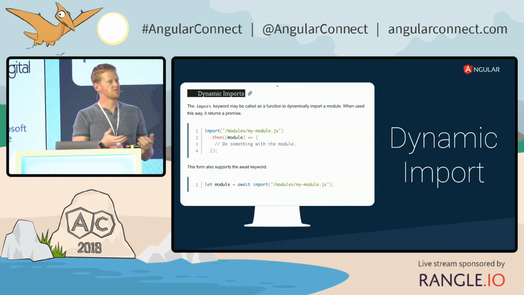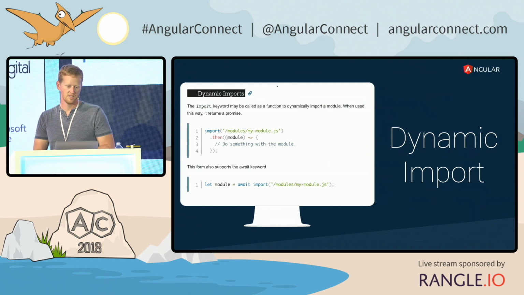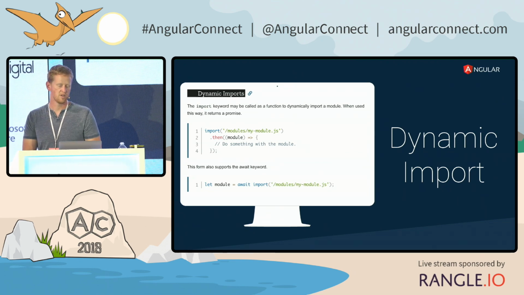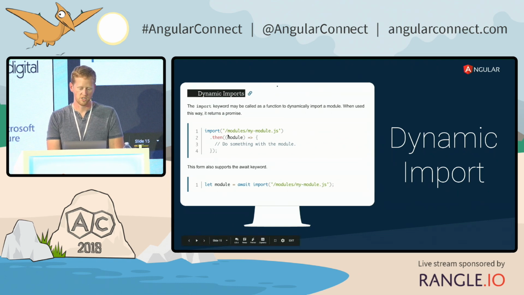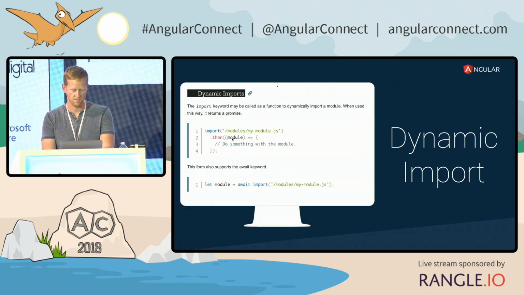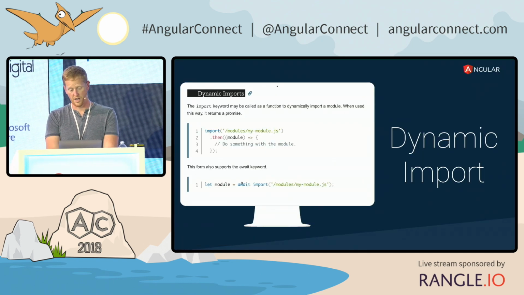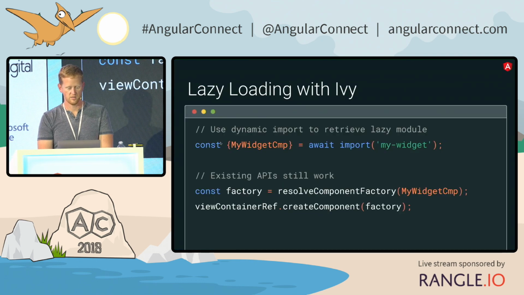Essentially, it's the same as your import statements in ES6, ES 2015, but instead of getting access immediately, you get a promise returned. So the module will eventually load, and you get the value back here. One of the nice things about that is you can use the await statement. You can make it look kind of nice.